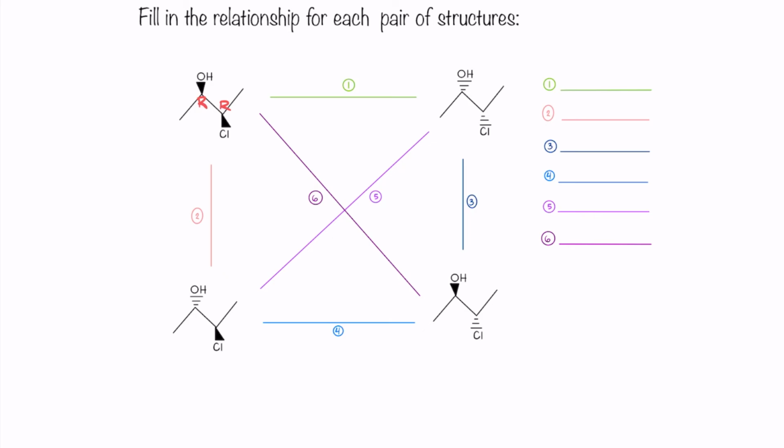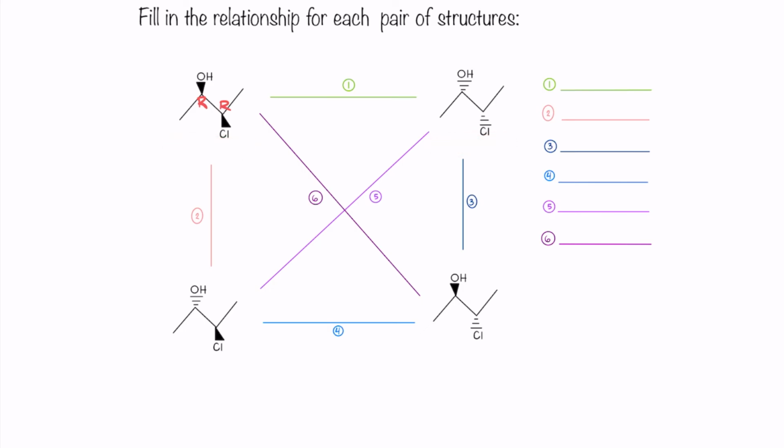Now, number 1 is asking us to fill in the blank for the relationship between this compound and this compound, meaning are they diastereomers, are they enantiomers, or are they the same compound? To do this, we can quickly look at their chiral centers, and we see that they flipped for both of them. While they were both on wedges before, now they're both on dashes.